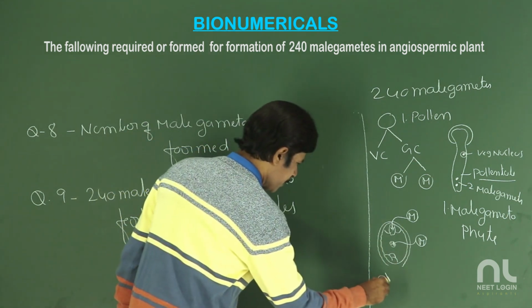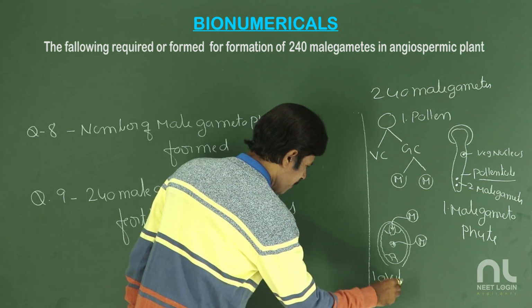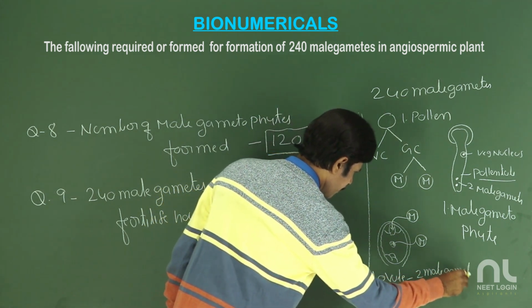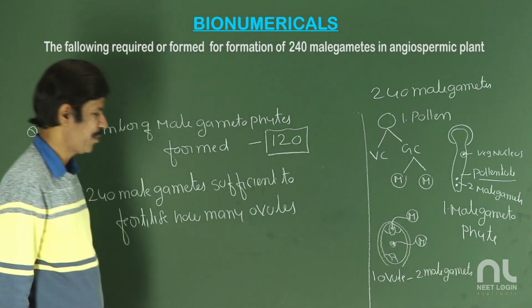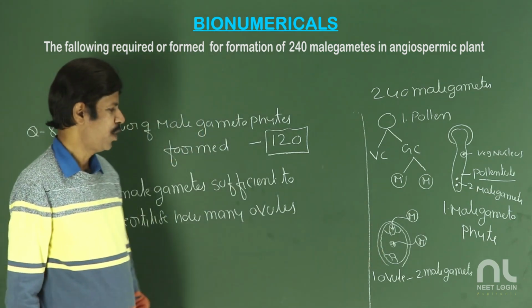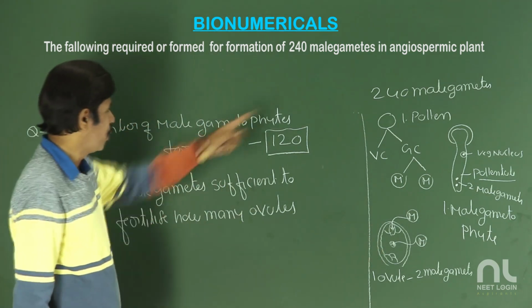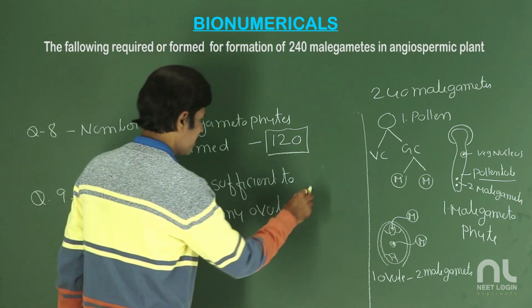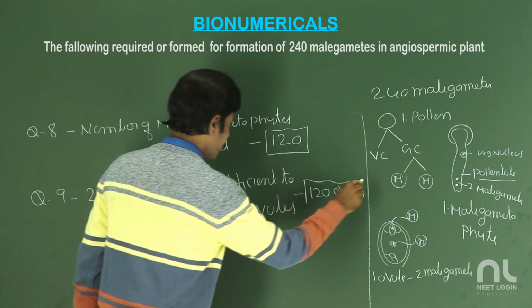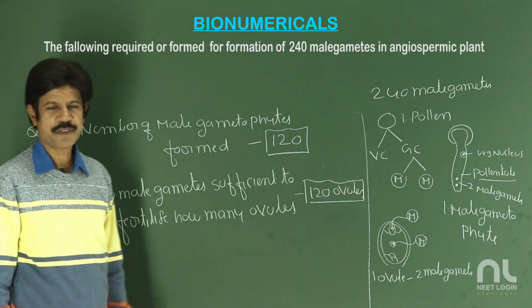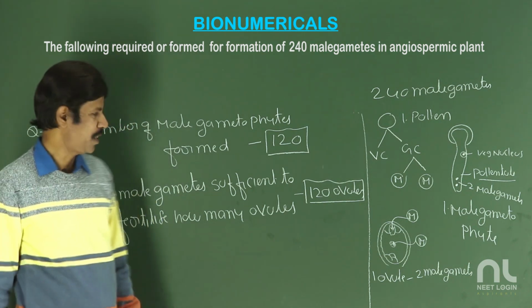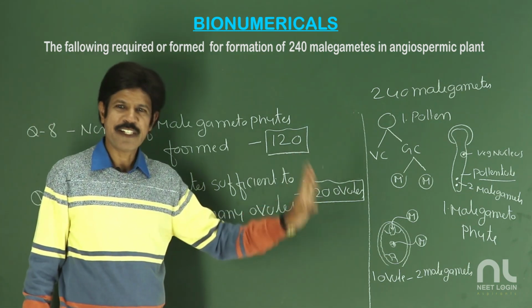So, for one ovule, two male gametes are required. So, 2 male gametes can fertilize 1 ovule. So, 240 male gametes can fertilize 120 ovules. Each ovule requires 2 male gametes for fertilization. So, 120 ovules it can fertilize.